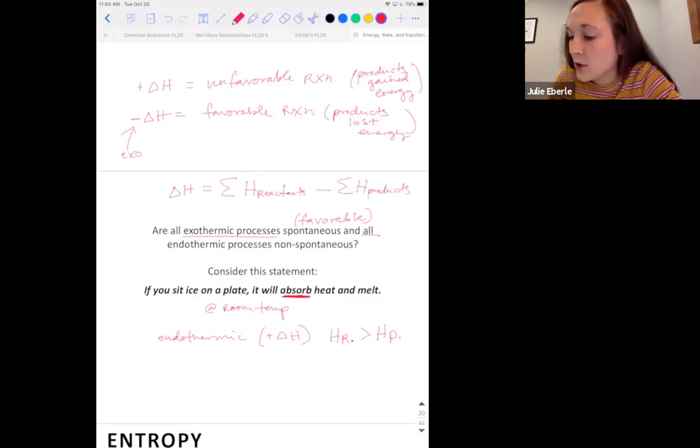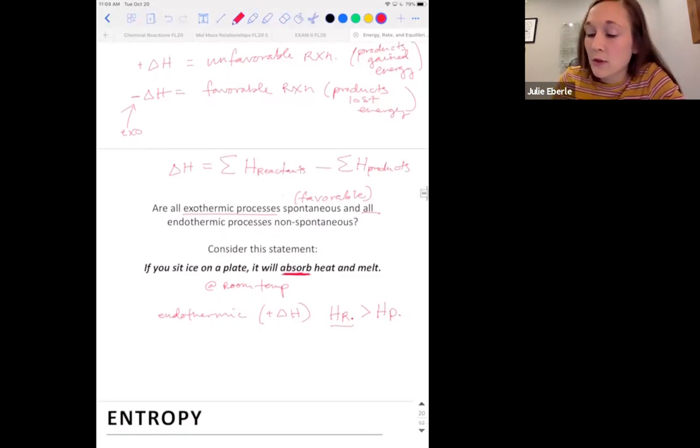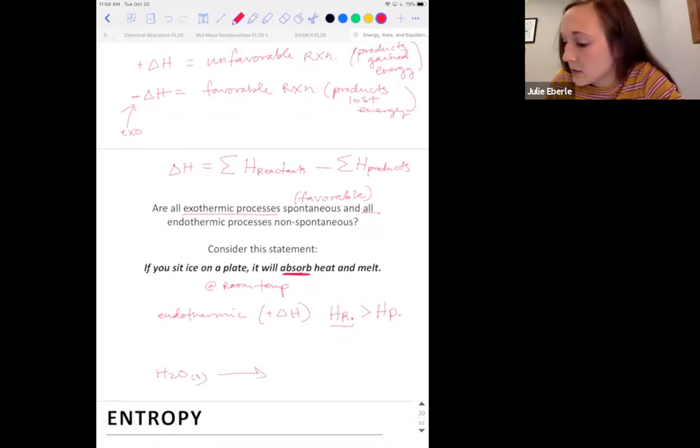Okay, so if your enthalpy of the reactants is a bigger number, then you're going to get a positive delta H. All right, so if ice melting, what does that look like? That is simply H2O going from a solid when it's ice to H2O going to a liquid.